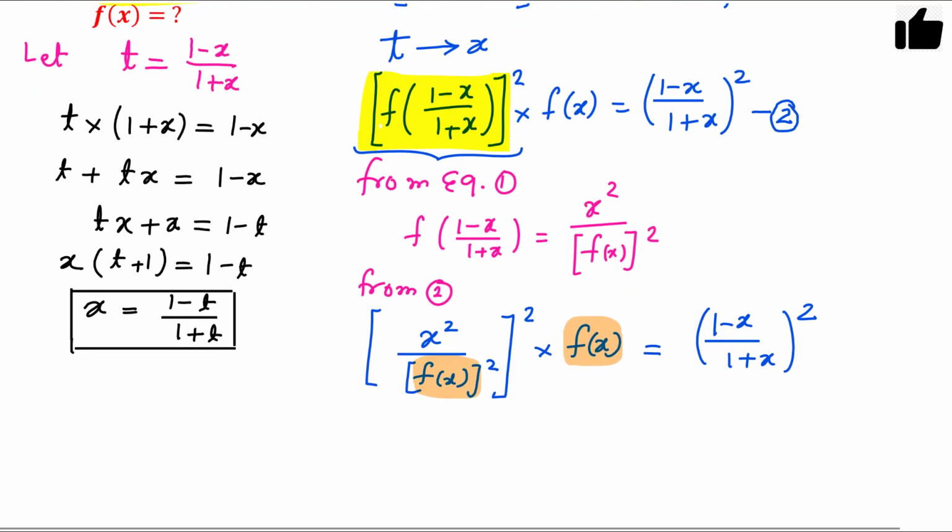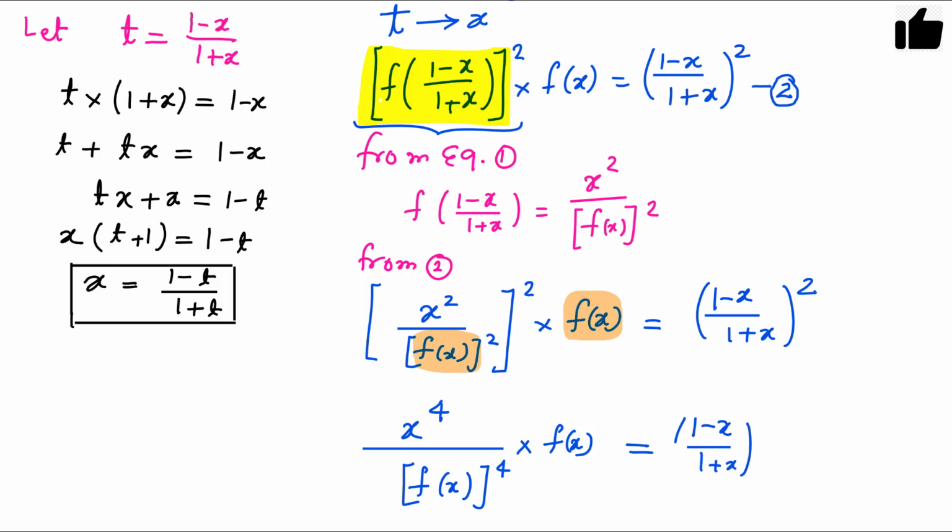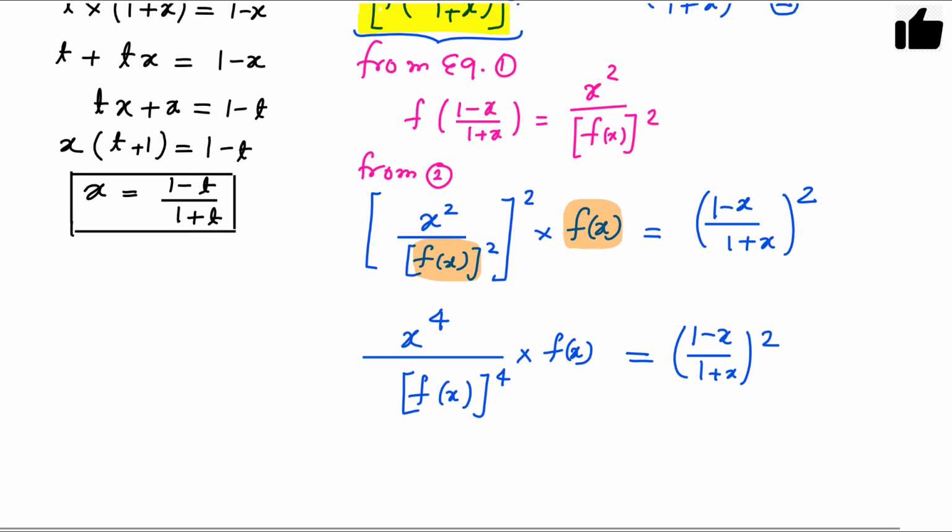So let us try to do some simplification. We will have x to the power 4 divided by f(x) to the power 4, multiplied by f(x), and this equals ((1 minus x) by (1 plus x)) whole squared. One of the f(x) will cancel out.